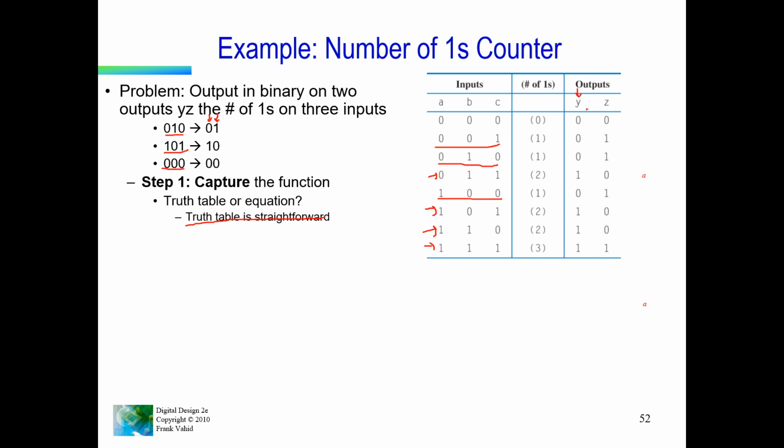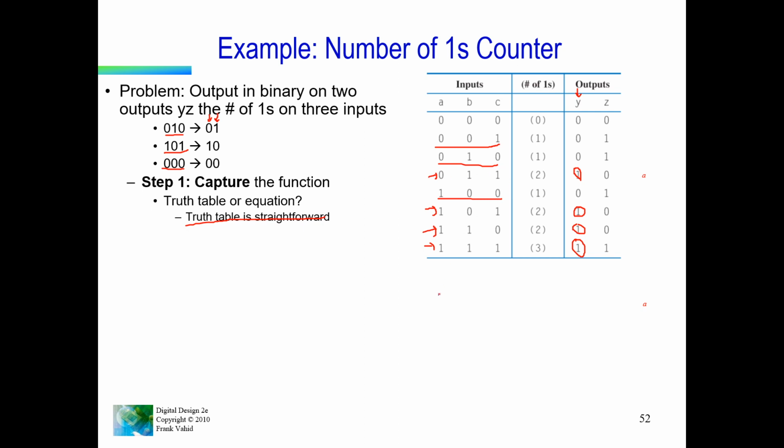Now we know that we can represent Y as ORing the Boolean expressions representing each of these 4 rows. Why? Because these 4 rows result in a 1 at Y output. So here you see that these are all 1.